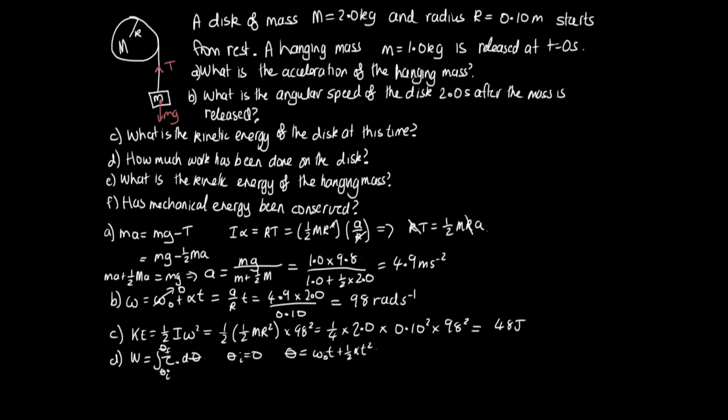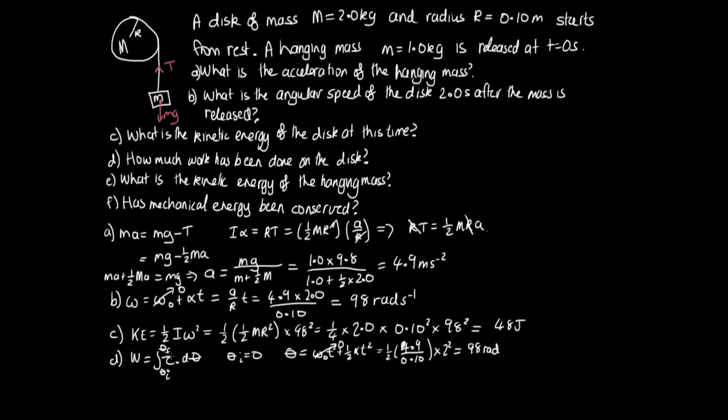Omega naught, the initial angular speed, is 0. So this is equal to a half times a over r, so that is 4.9 over 0.10, times t squared, which is 2 squared. Solving this, we end up with 98 radians. So that's our final angle here.